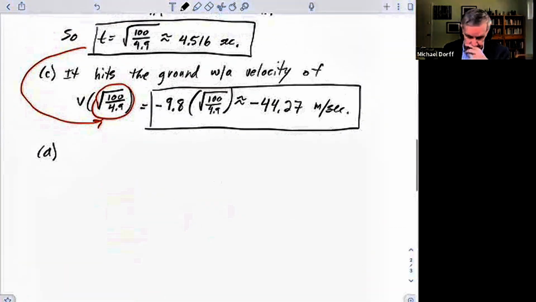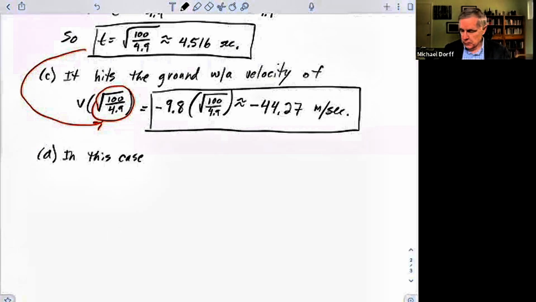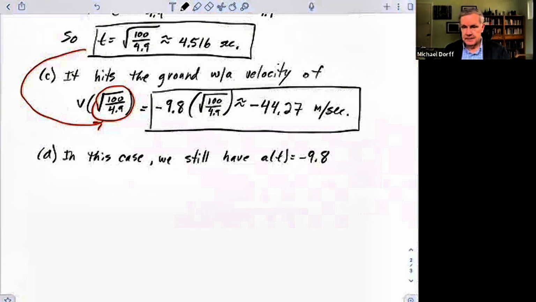So, in this case, the problem's a little bit different now. We still have that a of t equals negative 9.8.